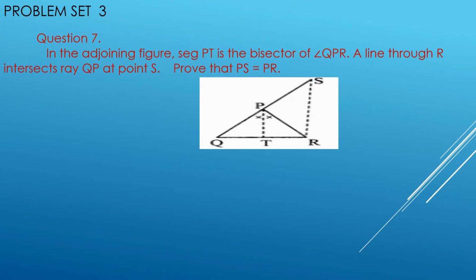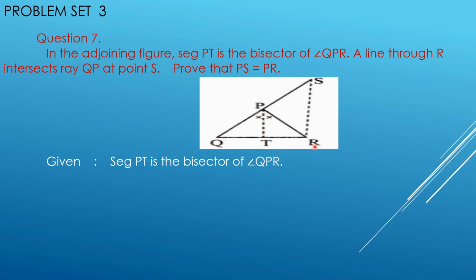Question number 7. In the adjoining figure, segment PT is the bisector of angle QPR. A line through R intersects ray QP at point S. Prove that PS equals PR. The figure is given. First write the given: segment PT is the bisector of angle QPR.